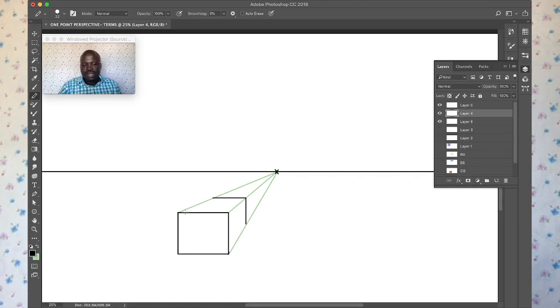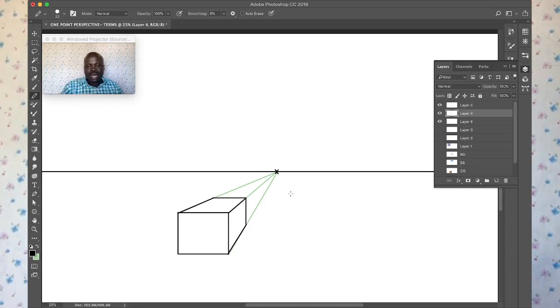And the next thing we do now is we join the corners of the box by drawing lines along the perspective lines up to the edge of the box which we have already created. And the final one, and the black lines now represent a box in perspective. And that is how you draw a box in 1 point perspective.